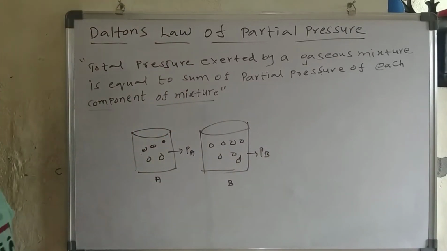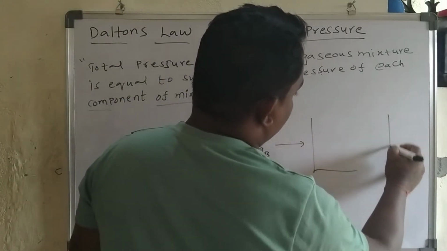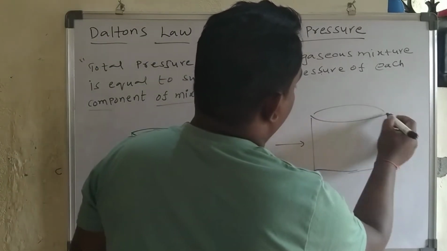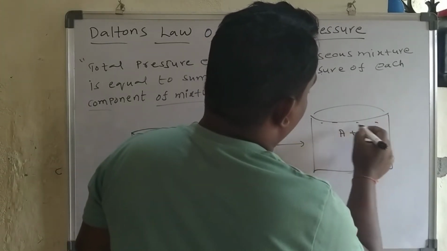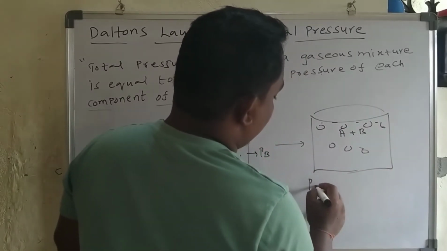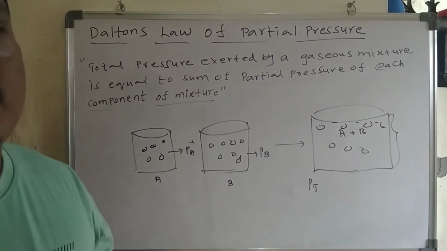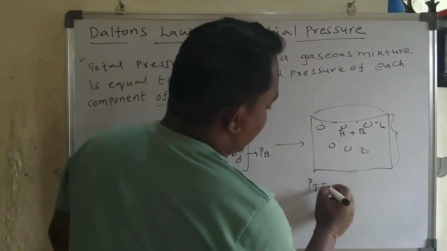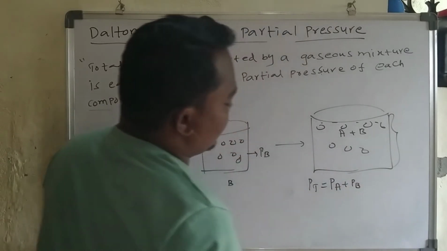When I take both of them, A and B, combined into only one gas container, then the pressure of the system, or pressure of the mixture, the total pressure, is equal to pressure of A plus pressure of B.